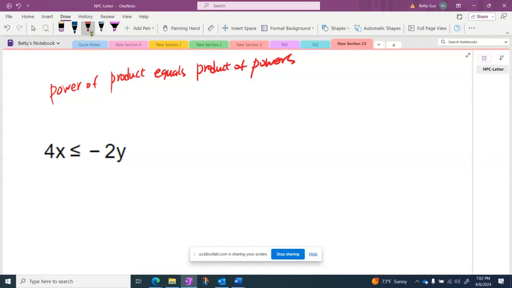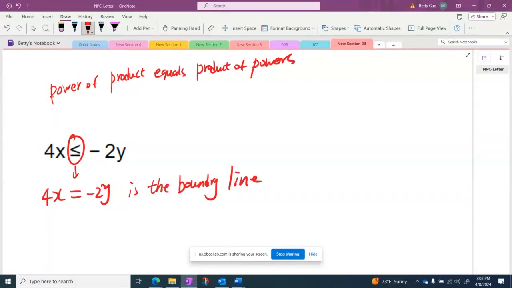We firstly change the inequality symbol to an equal sign, and we got an equation. That equation is the boundary line of the solution set.